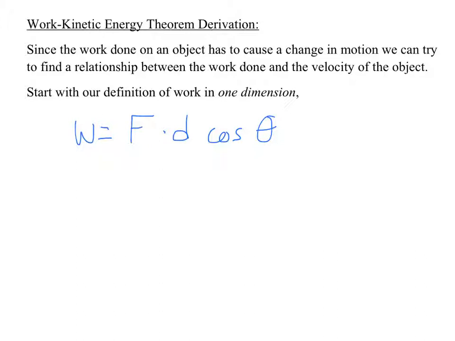If we're looking at an object that's moving in the same direction as the force applied, that's the only time this kinetic energy theorem actually works. So as a result, cosine theta is just 1, really. So this simplifies to work equals F times D. Now, what does Newton's law tell us F is equal to? F equals MA.